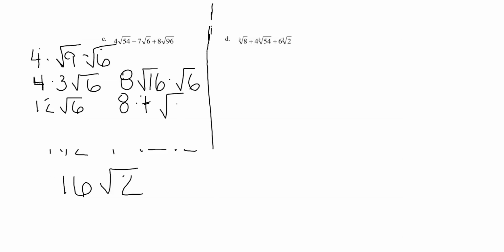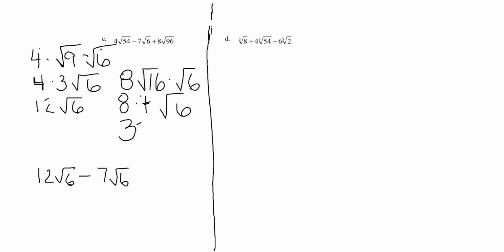And we have the square root of 6. So we have 32 square root 6. So it's plus 32 square root 6. If I do my math, 12 minus 7, combining coefficients, will give me 5. 5 plus 32 will give me 37 square root 6.